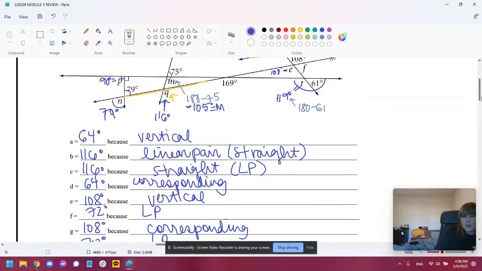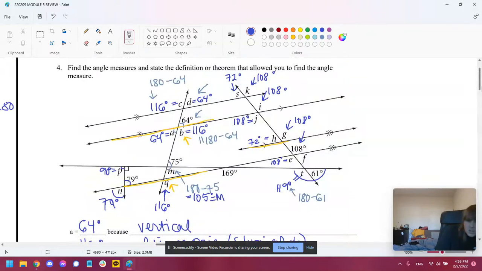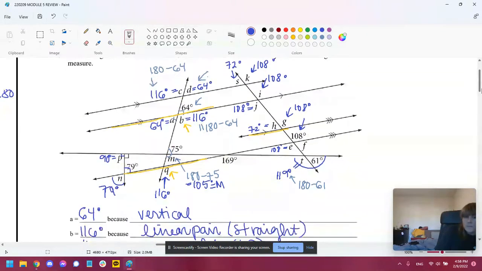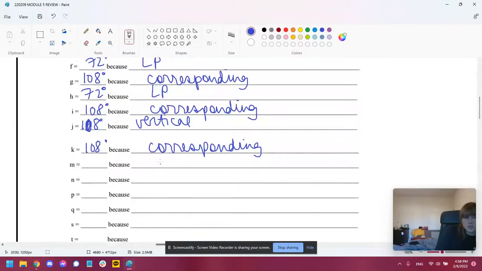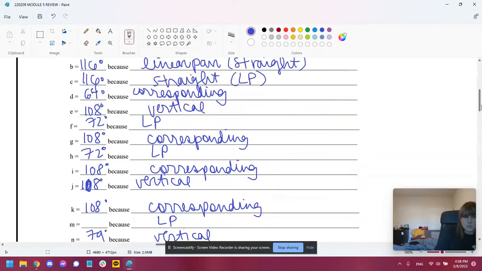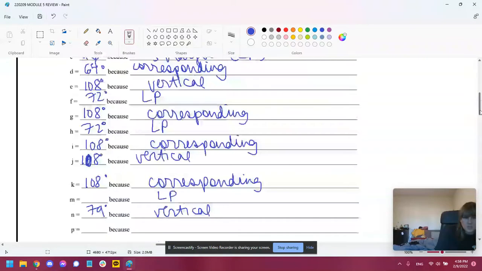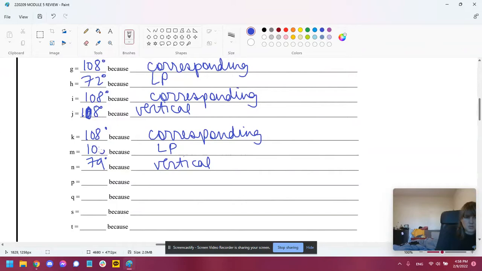M and N. Oh, goodness. M was right next to 75, so that's a linear pair. N was right across from 79, so that's vertical. So this is linear pair and vertical. And then what was M? 105, that makes sense. Oh, this is silly. Okay.